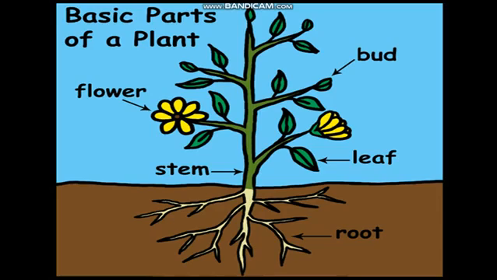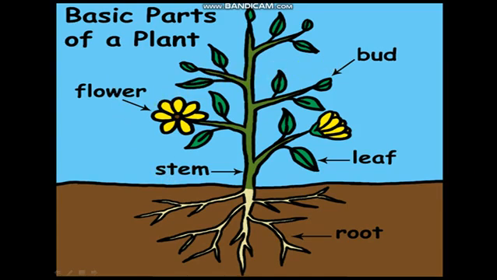Yes, look at the picture. This picture is showing you the basic parts of a plant. You have also learned in grade 1 about the parts of a plant. So we are going to recall them: root, leaf, bud, flower and stem.